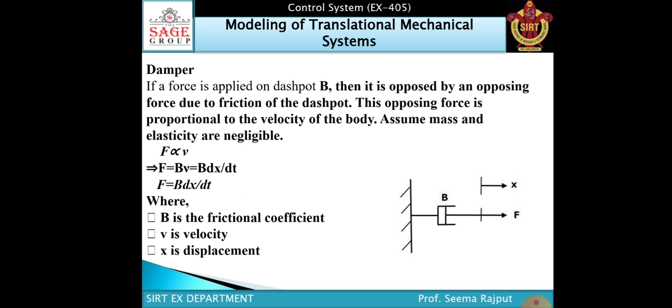Okay, so our damper formula in the form of force is F equal to B dx(t) by dt. So that is in time domain, and we will convert this into Laplace domain. So that is F(s) equal to B s X(s). Okay, now where B is the frictional coefficient, v is the velocity, and x is displacement.